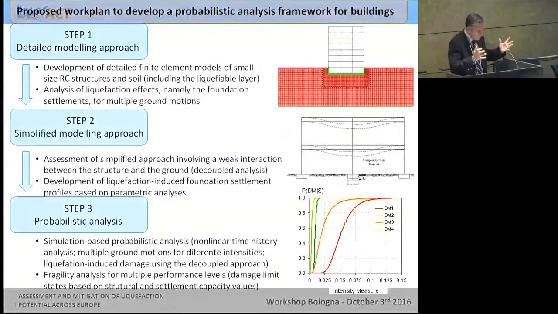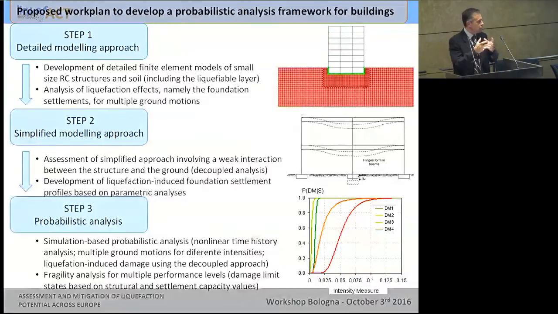So in the end, summarizing, step 1, we will do a detailed modeling approach, developing detailed finite element models of small size reinforced concrete structures and soils, including liquefiable layers. And then we analyze the effects of these two steps.